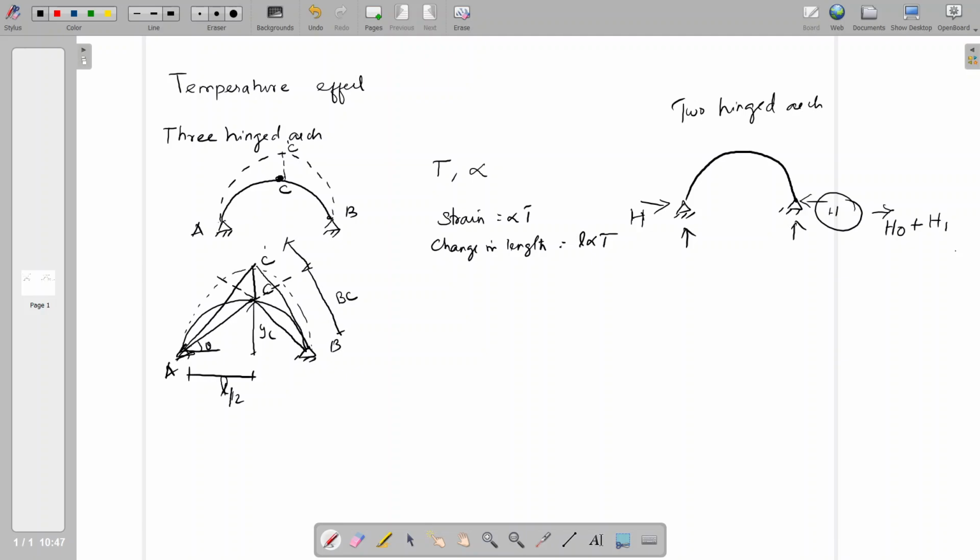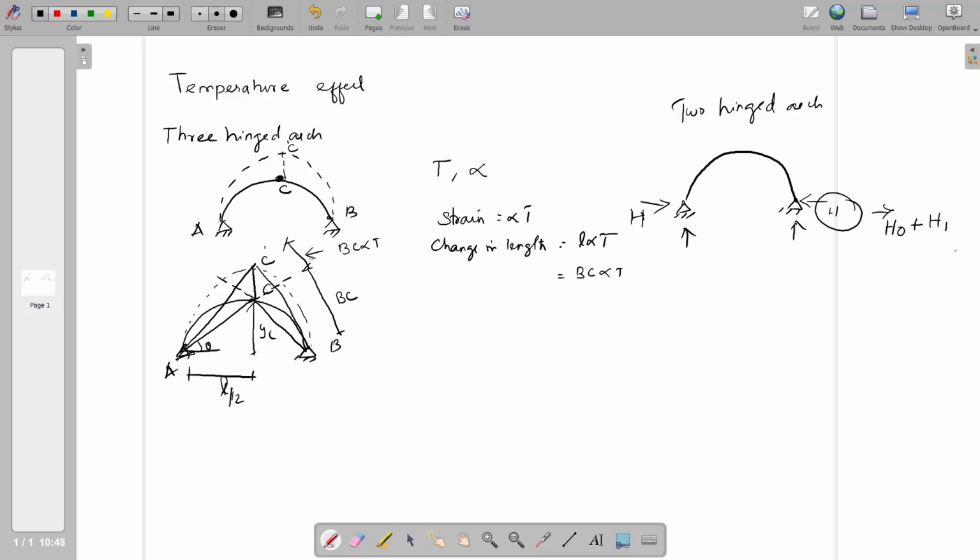In the case of B to C, if the length is BC, the length of expansion is BC alpha T. So this length is BC alpha T.